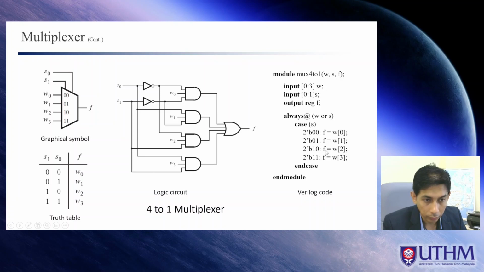If 1, 0, F equal to W2. And lastly, if S equal to 1, 1, F equal to W3. So this is exactly based on this behavior or truth table. And you need to have end case, and of course end module to end your module, to end your design. So easy.